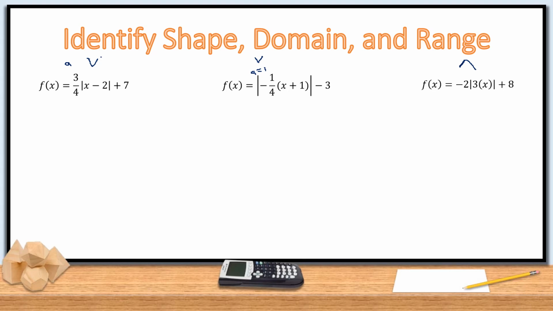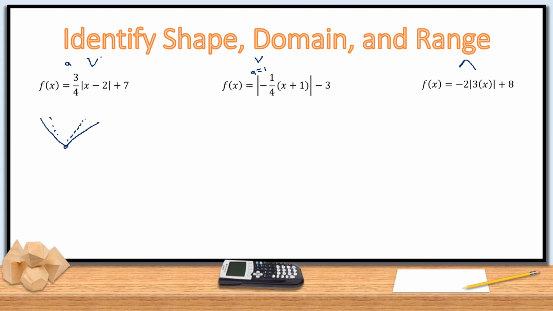So we could say, okay, it's going to open up, a value of 3/4. So that is a vertical compression. Because remember, it's between 0 and 1, so it's compression. So that's going to make it a little bit wider. So instead of it being like a slope of 1, it's going to be a slope of 3/4.